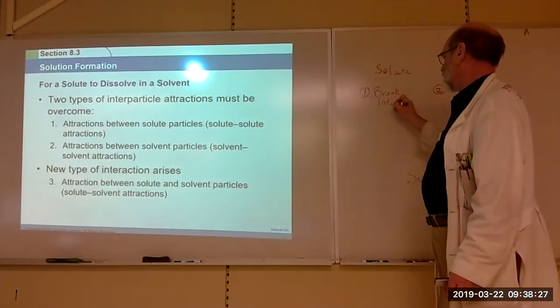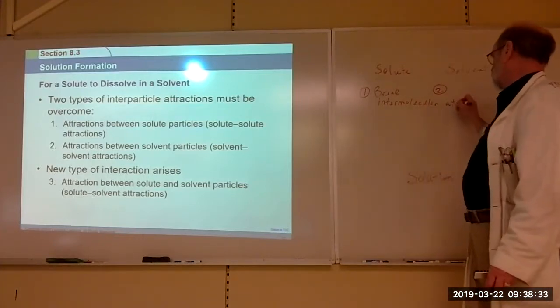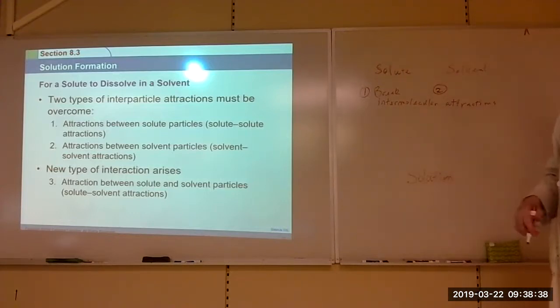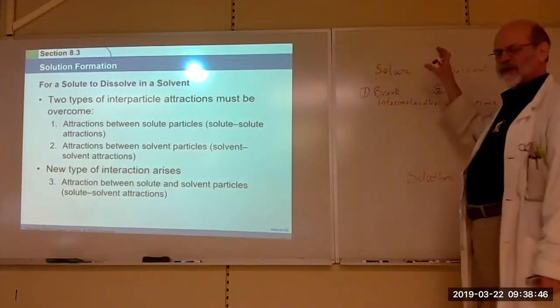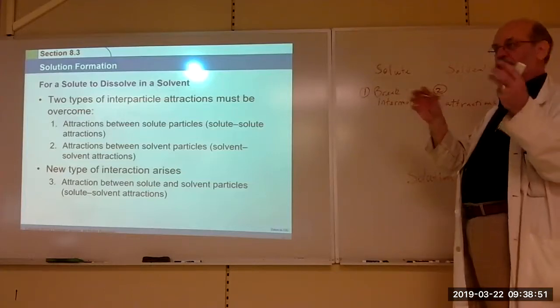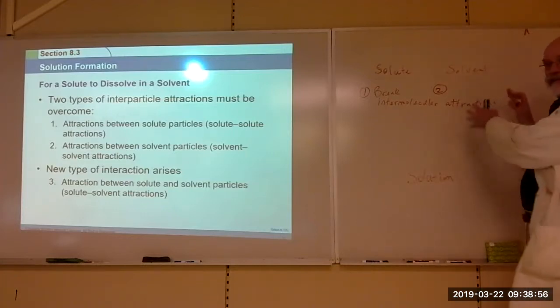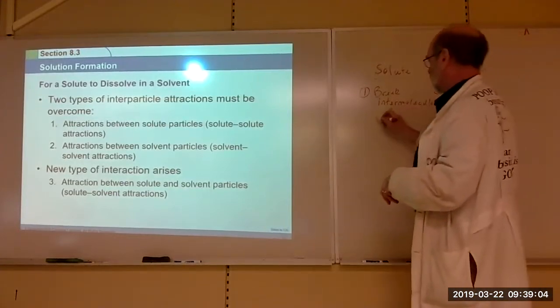Break the intermolecular attractions for both of them. Okay, you pull them apart. In this case, we would say we're making them separate from one another so that they can interact with the solvent. And another way of saying breaking the bonds for the solvent is we're making holes. Make a place for these to go. Right? And these usually require an input of energy.